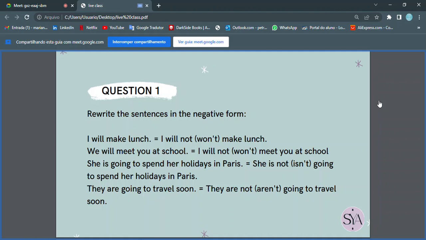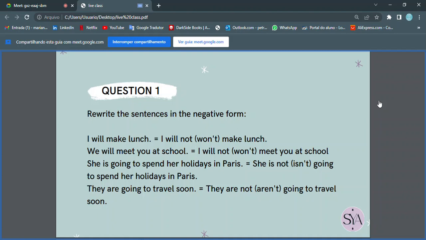I guess I saw that Nieli did and sent it. Oh, okay, no problem. So the first question, you have to rewrite the sentence in the negative form, right? Basically you have to write the not, the negative word, between the will or going to and the verb.